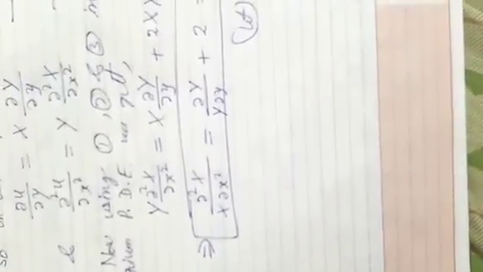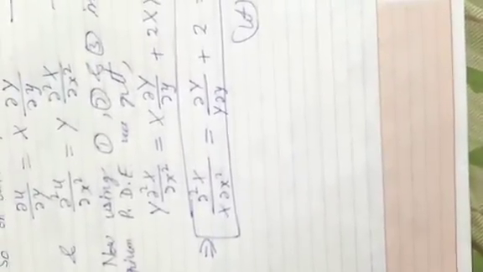So by method of separation of variable, both the variables are separated.